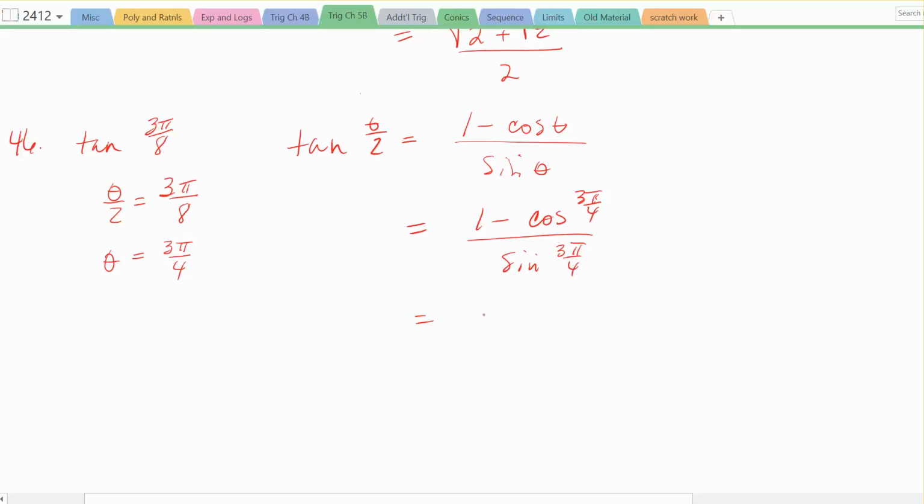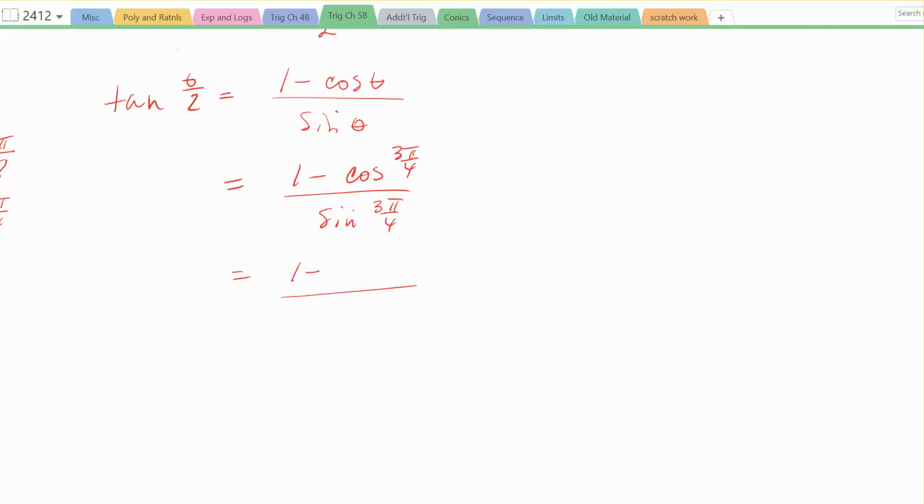Now, the cosine of 3 pi over 4 is going to be negative square root of 2 over 2, because cosine is negative in the second quadrant, and the sine of 3 pi over 4 would be positive square root of 2 over 2.